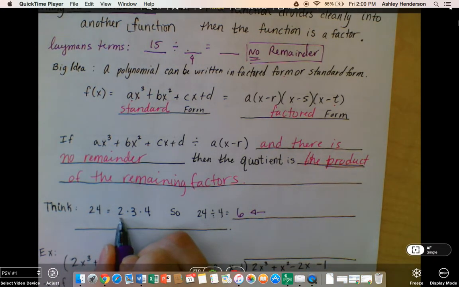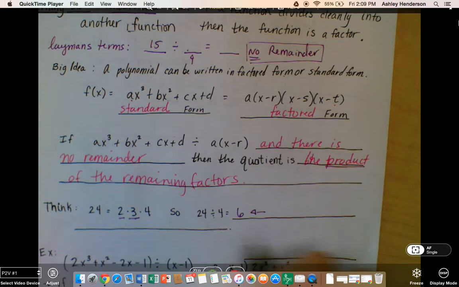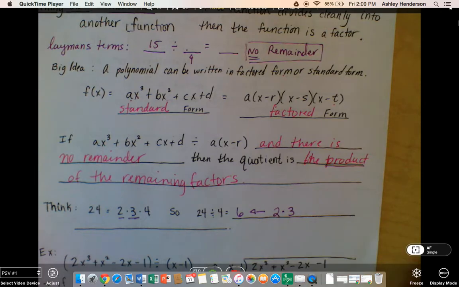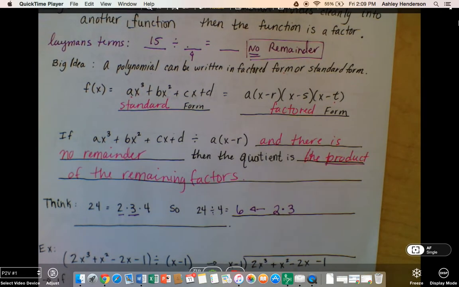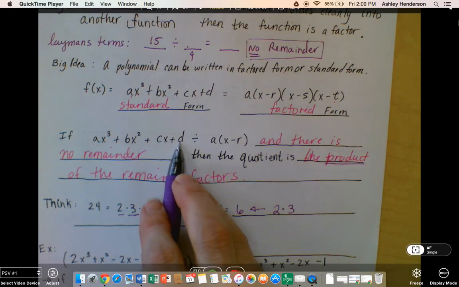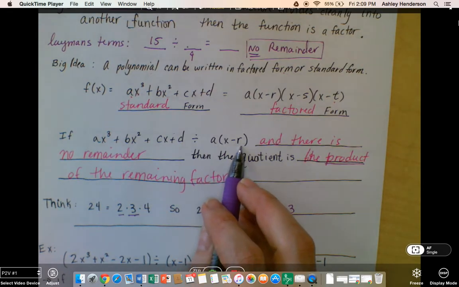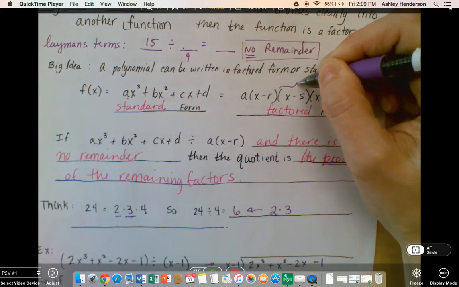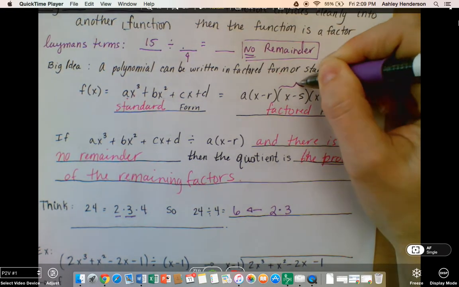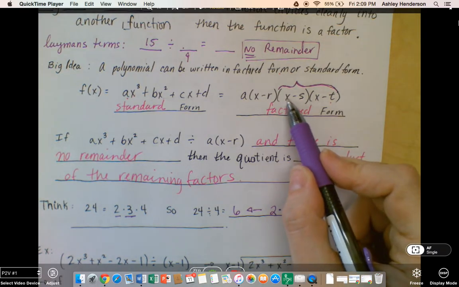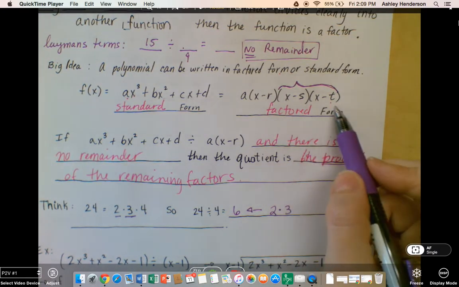What are the two remaining factors? 2 and 3. So 6 is the product of the two remaining factors, 2 and 3. So if I were to take this whole thing and divide it by this, the answer would be these two components right here. Whatever was left would be this thing, this quadratic, multiplied out in standard form.